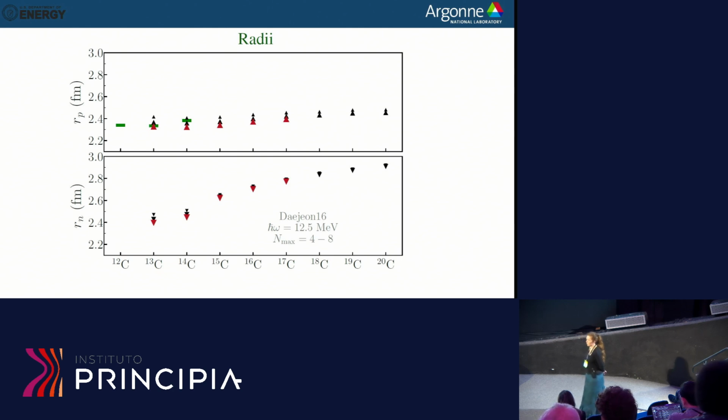I imagine that there's some interaction dependency for two reasons. One, because it's a particularly soft interaction, it's been SRG evolved, and so it's almost more of a shell model-ish interaction than perhaps the Norfolk interactions that Sayori is using. So I would expect a single particle picture to come out a little bit more nicely for this interaction. The other issue is convergence.